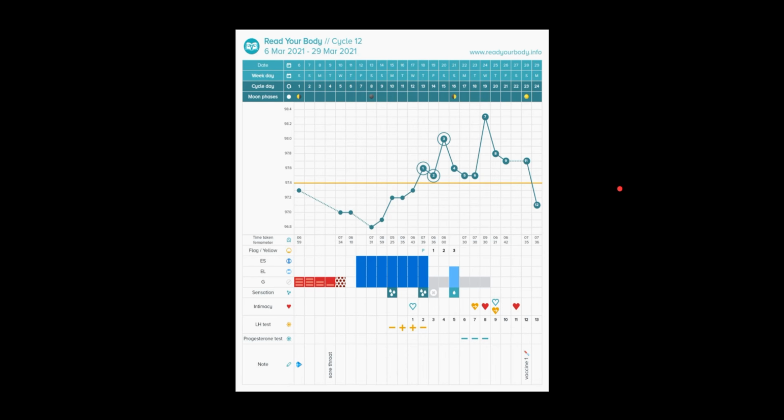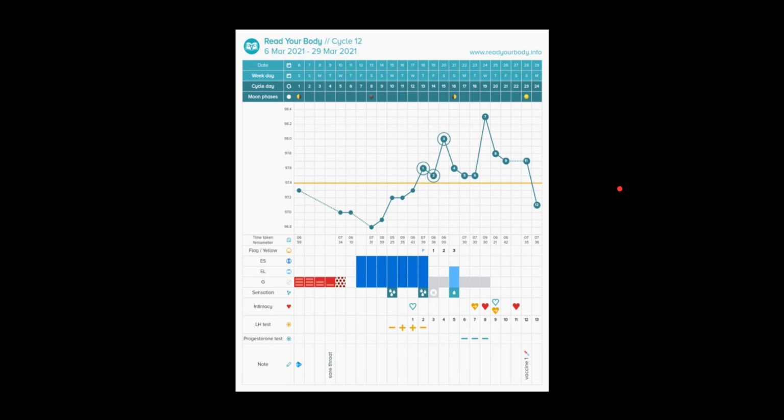So what exactly is this chart? What is it showing us? Well, a chart from Read Your Body is basically a tool that you're going to be utilizing to make your own interpretation.